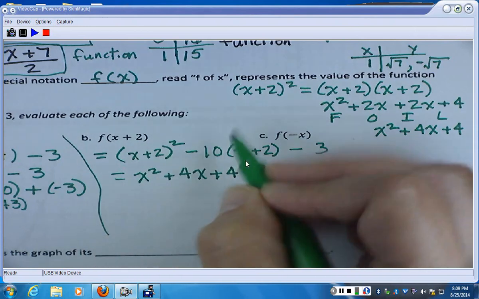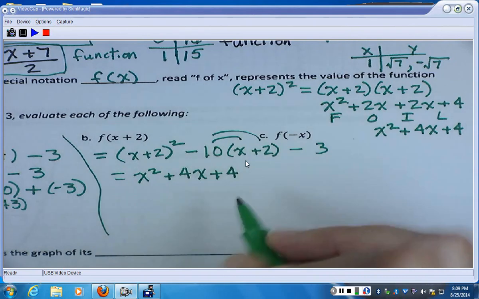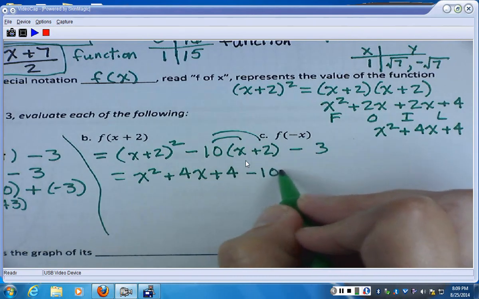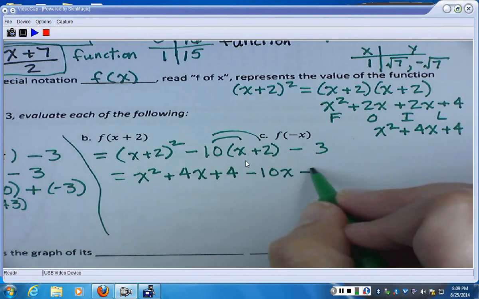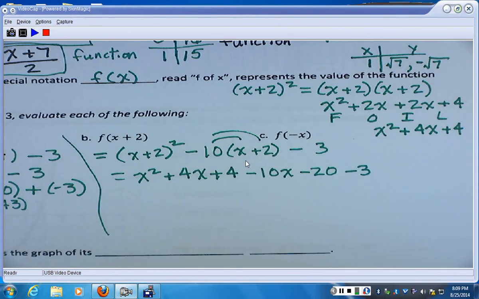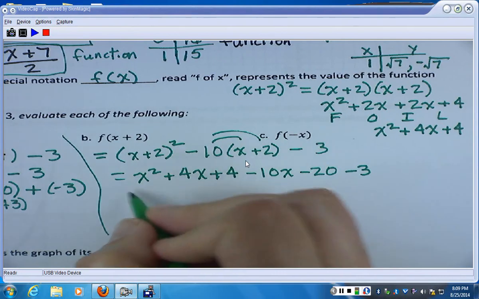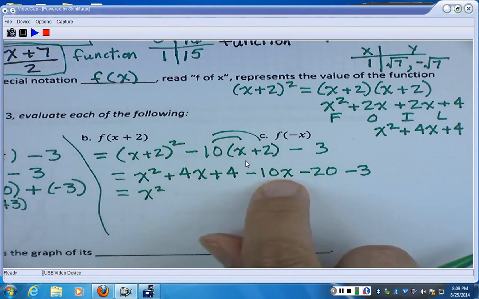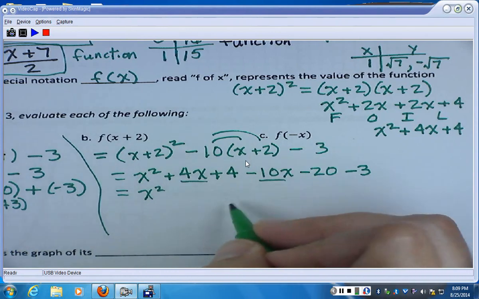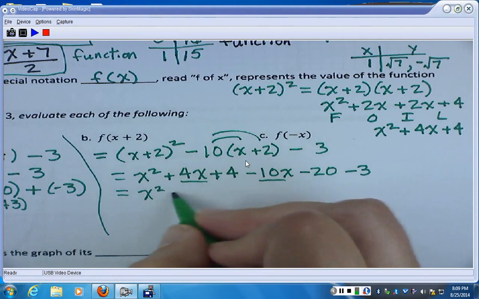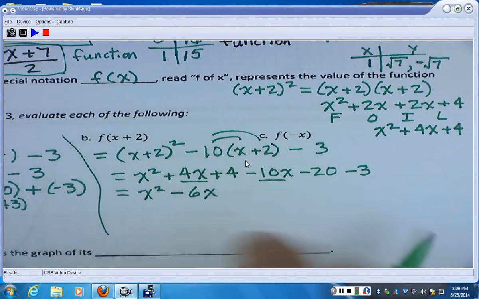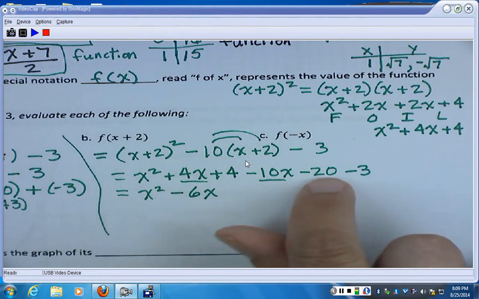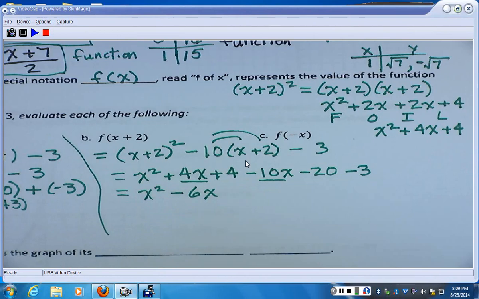And then I'm going to distribute the negative 10. Minus 10x minus 20 minus 3. Then you're going to combine your like terms. There's only one x squared term, so that stays there. You have a 4x minus a 10x. 4 minus 10 is negative 6x. Then you have a 4 and a negative 20 and a negative 3.